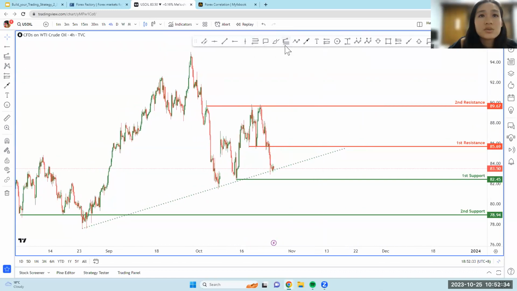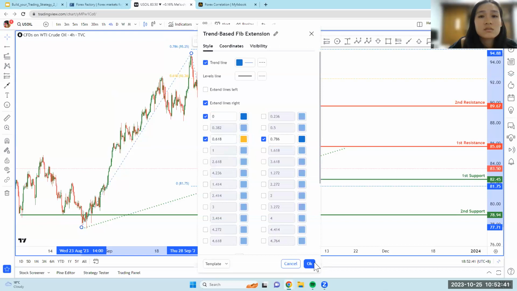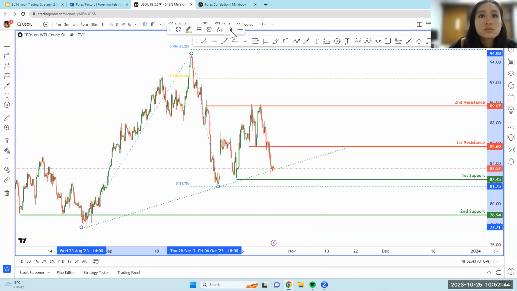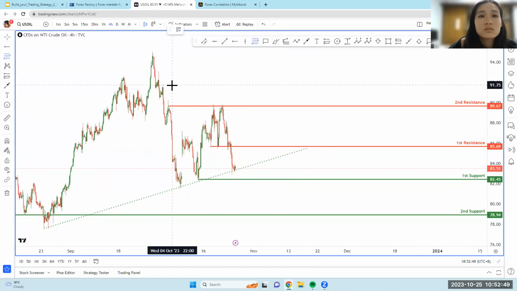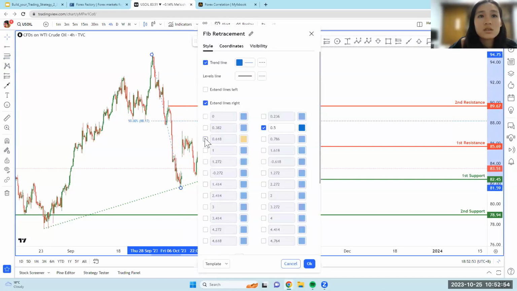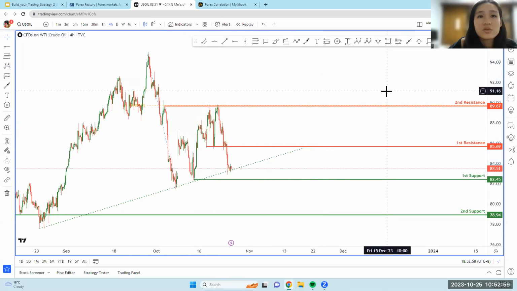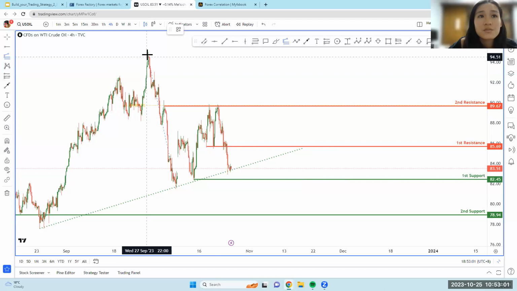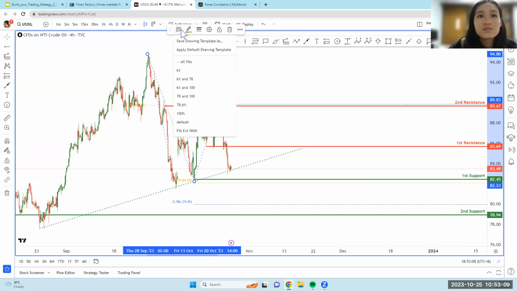Now let's go in with our Fibonacci levels again. I have this 61.8 that lines up with my second resistance, and my 61.8 also lines up nicely.